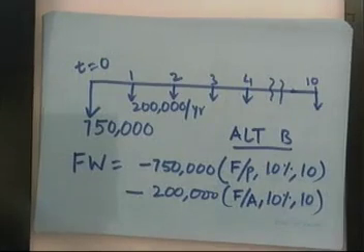So, you understood what you have to do? It is very similar to present worth analysis only. The only difference here is that now we are considering the money's worth at some future date. So, in the first case I calculated the future worth at the end of year 10.